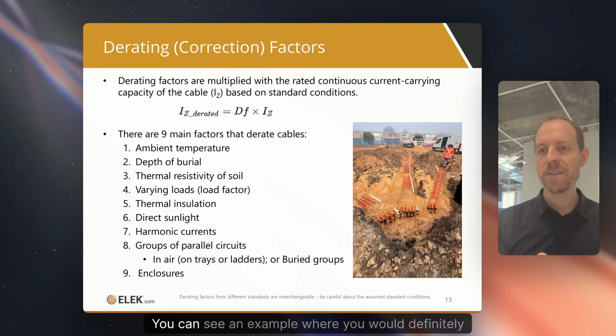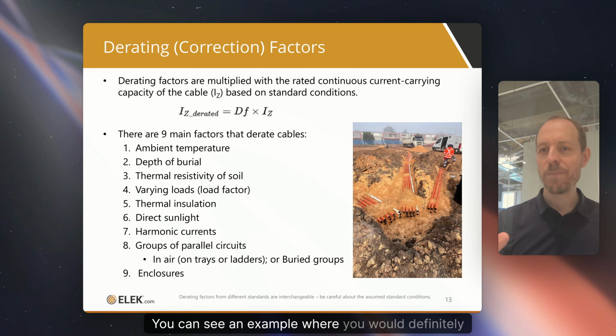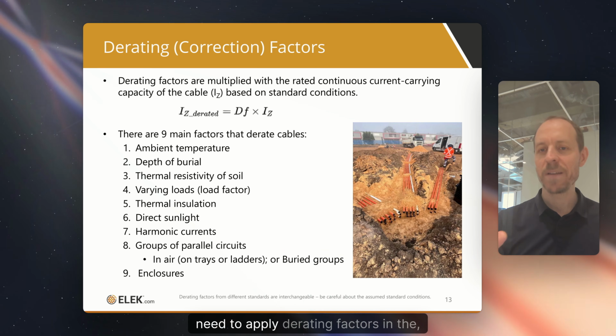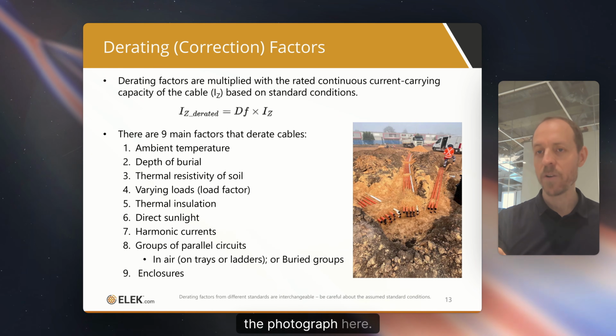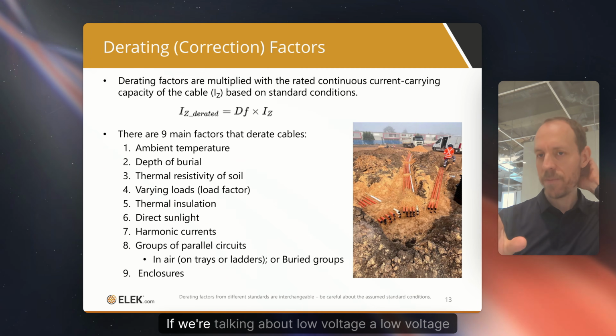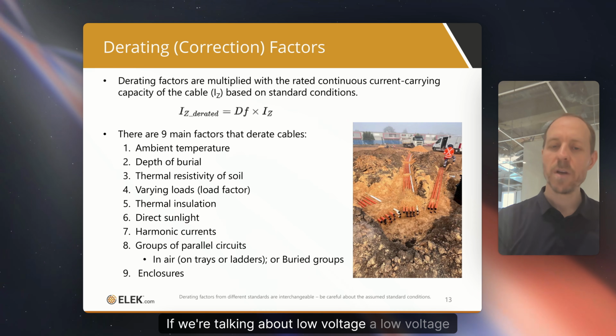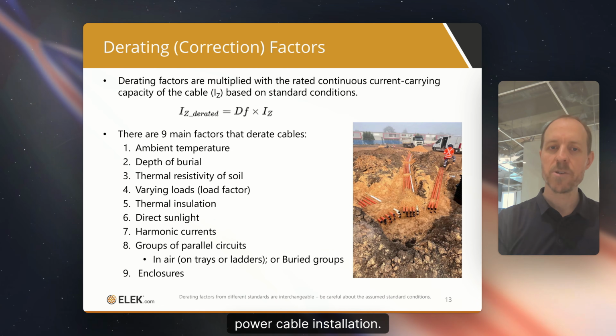You can see an example where you would definitely need to apply derating factors in the photograph here if we're talking about a low voltage power cable installation.